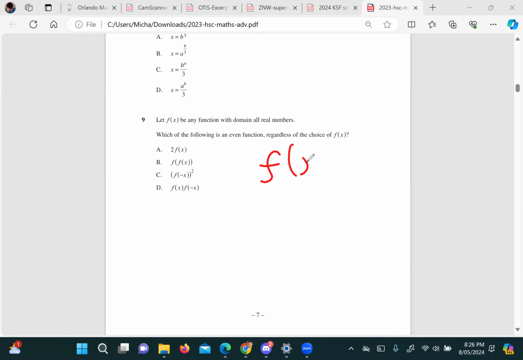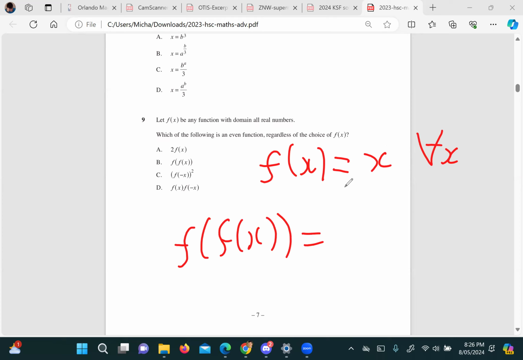So we can let f be the identity function again. So the identity function just outputs whatever inputs, for all the x. So for this function, you see the f of x is equal to the x. So this is just the x. But then f of x is equal to x again.